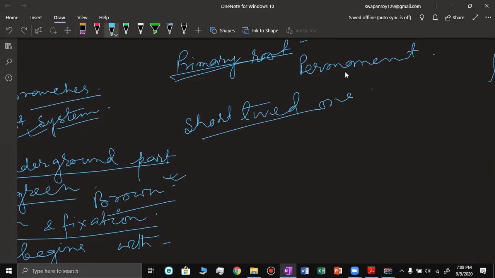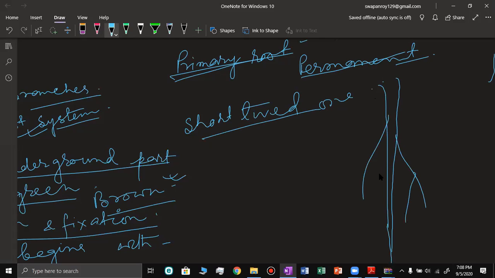If it is permanent, lasting for long, then this primary root starts giving out branches at different levels.